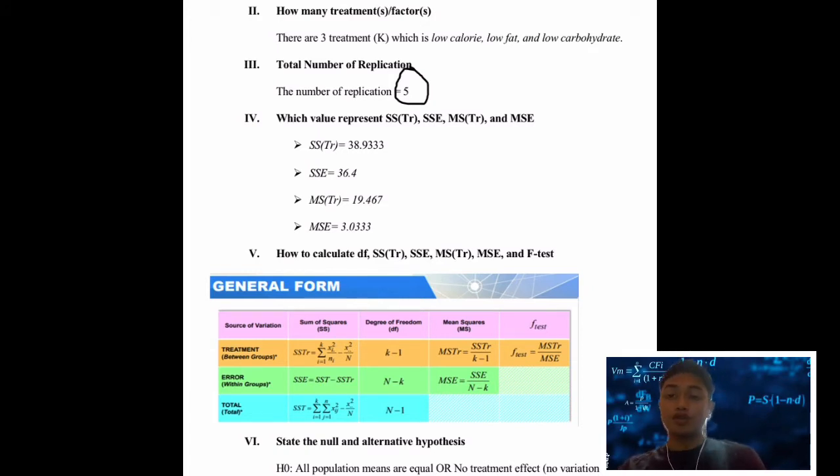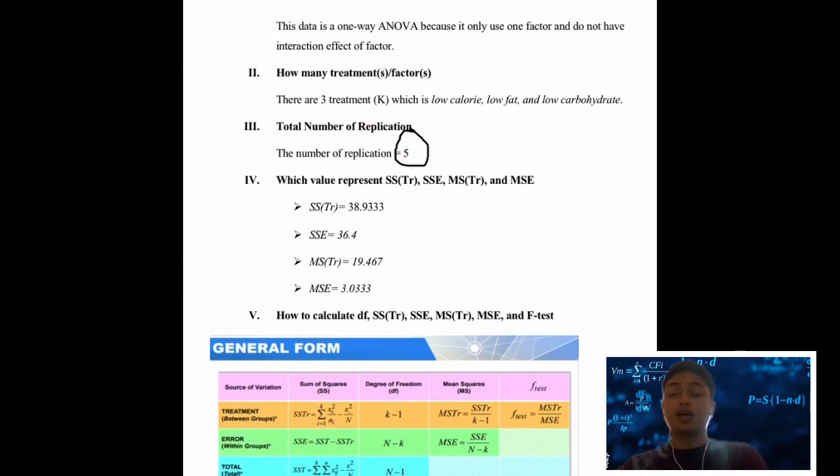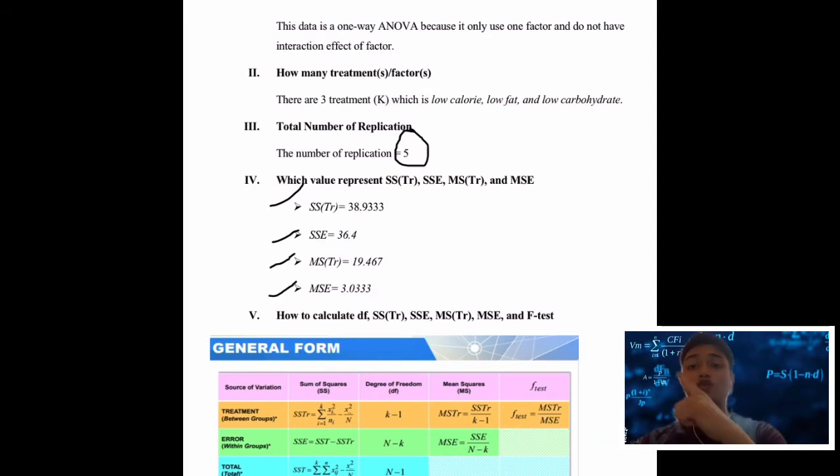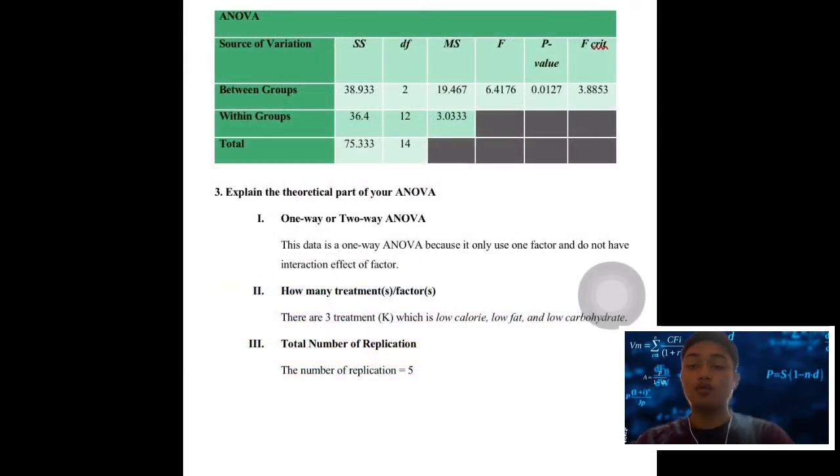Okay, now let's answer the second question from Yusuf. The second question is which values represent SSTR, SSE, MSTR and MSE. So now let's take a look at the ANOVA table. From the ANOVA table, we know the SSTR and SSE, MSTR and MSE.